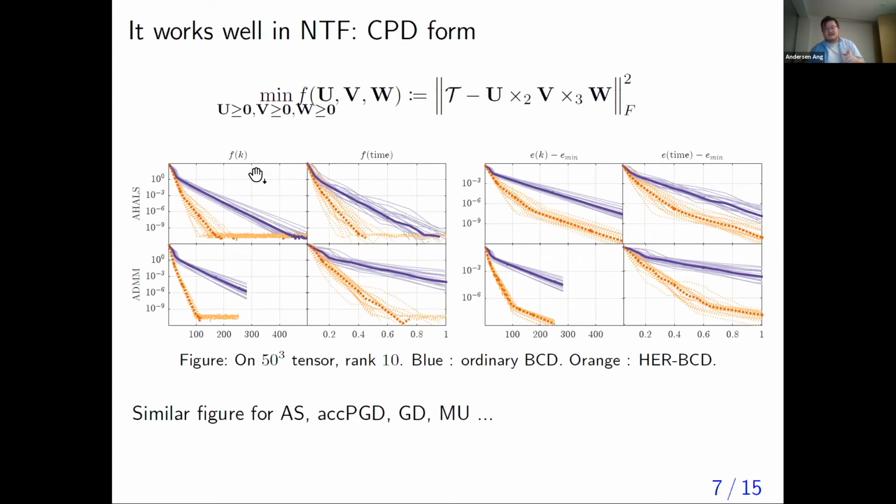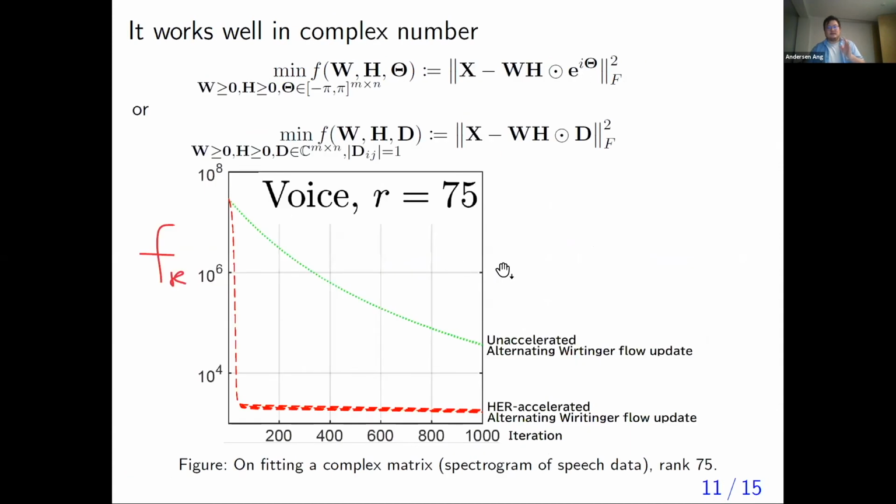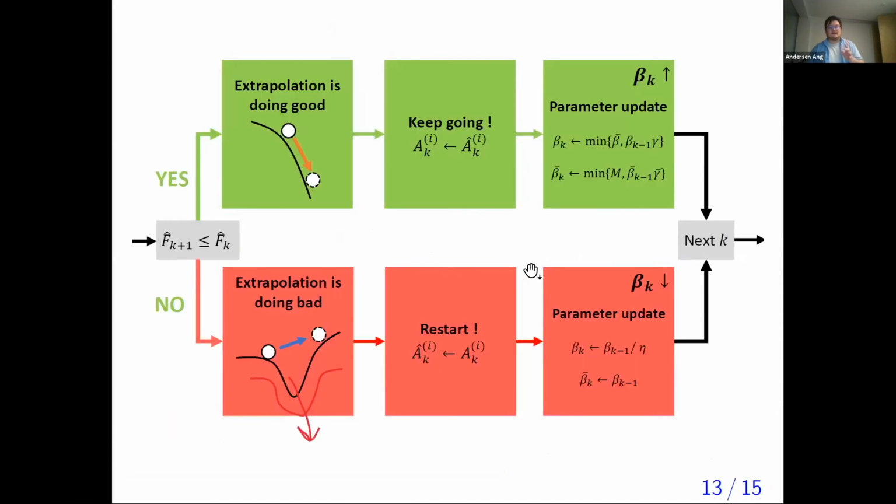But why in this plot you can see that it has the same behavior in terms of time and iteration is because the restart cost is 0. That is, you don't have losses in the computational time when the restart is occurring.